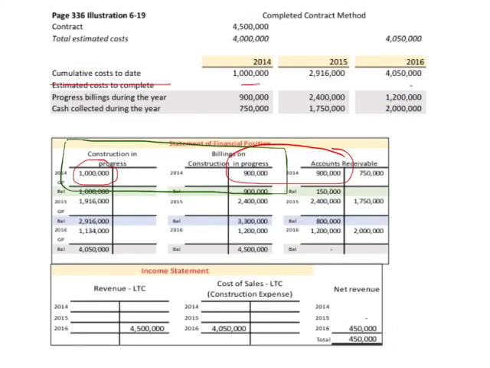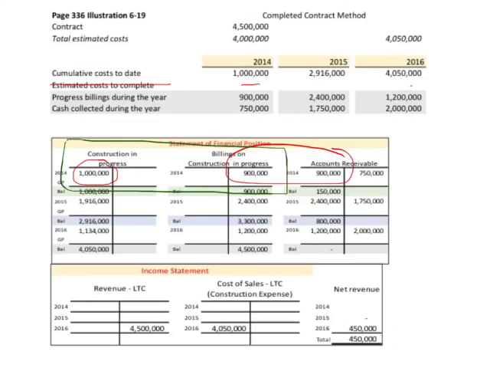And so at the end of year one, we have a debit to construction in progress and a credit to billings on construction in progress. The net amount of these is recorded on the balance sheet or the statement of financial position as an asset, since we have construction in progress in excess of billings.